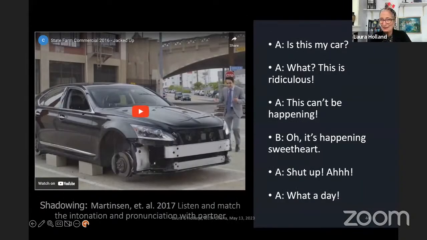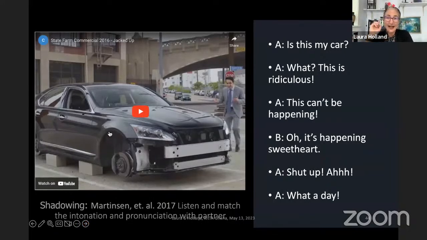So here is an example. This is a technique called shadowing. What you do is you find any kind of advertisement. This is an ad for car insurance, and I'll play it in a minute.